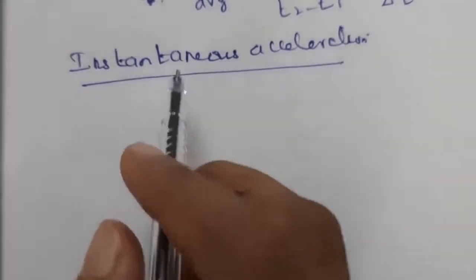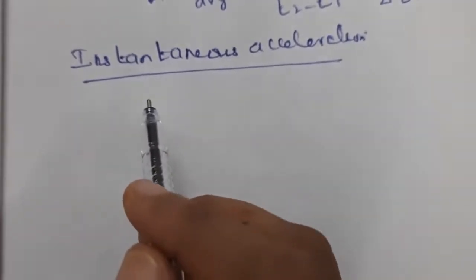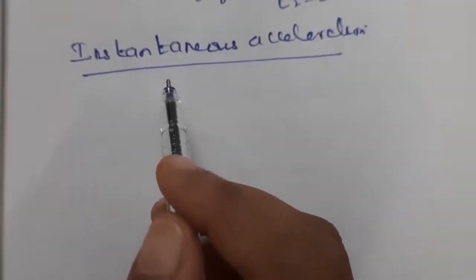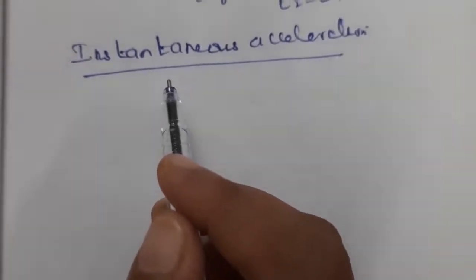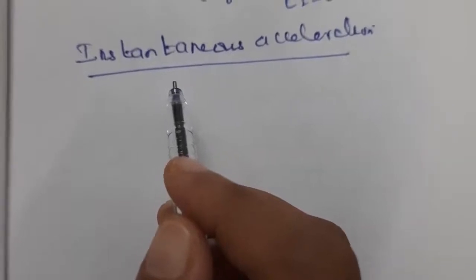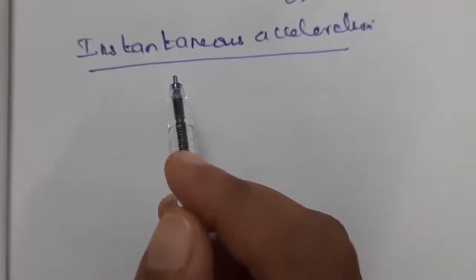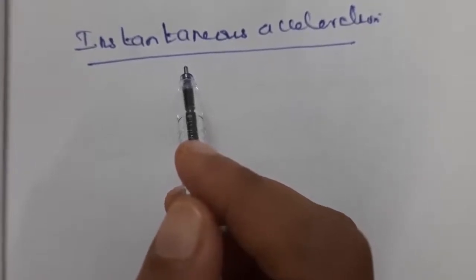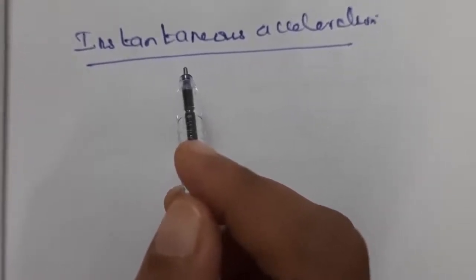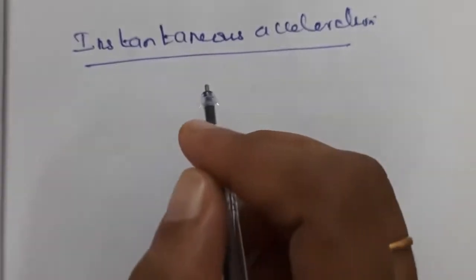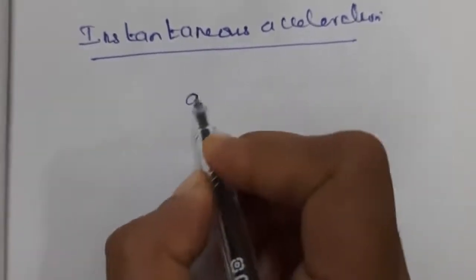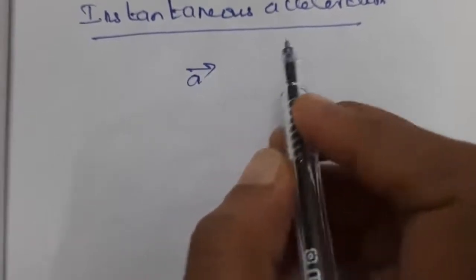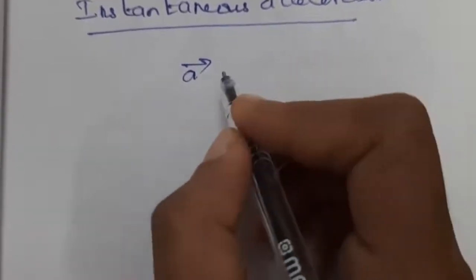Average acceleration will give the change in velocity over the entire time interval. It will not give the value of the acceleration at any instant of time.